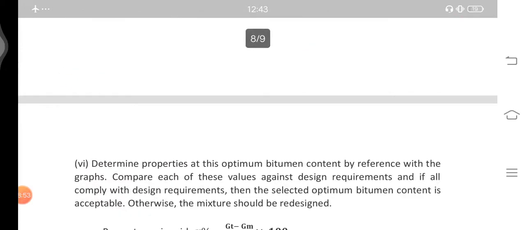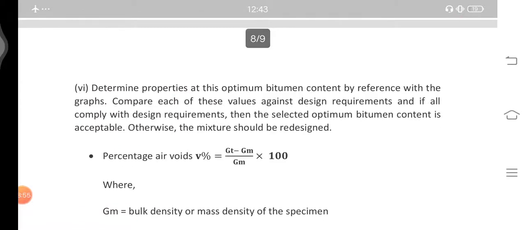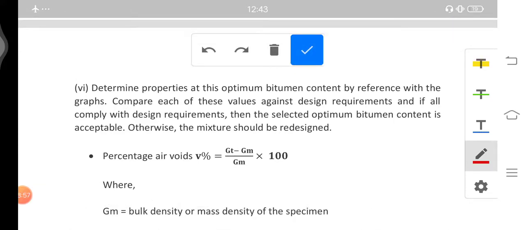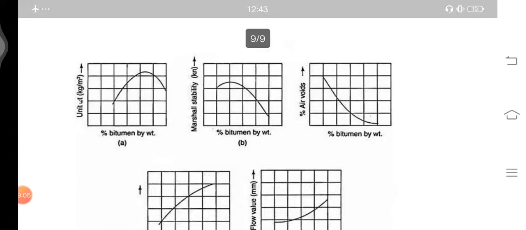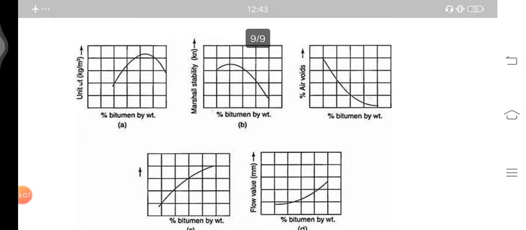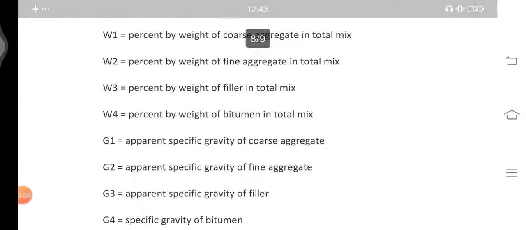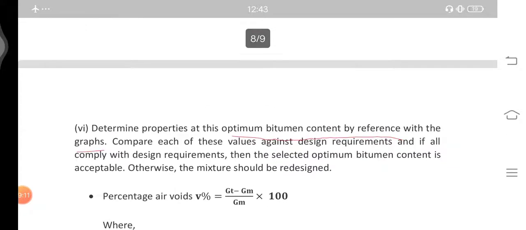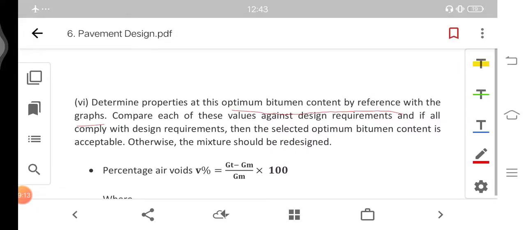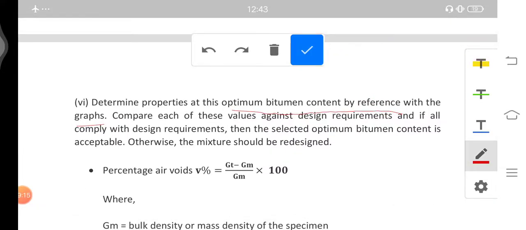One more step is to determine the properties at this optimum bitumen content by reference to the graphs. So we will get 5 graphs like this, and we will determine the optimum bitumen content with reference to all these 5 graphs.